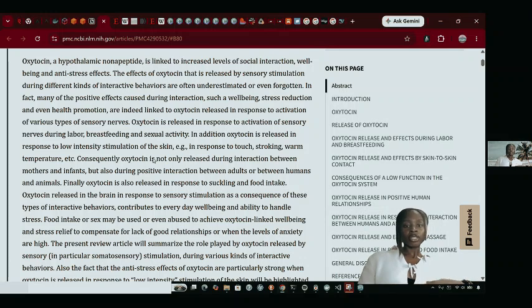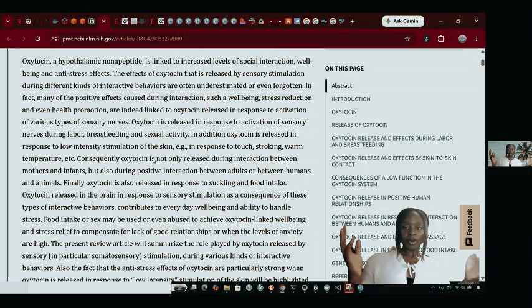So oxytocin is released in response to activation of the sensory nerves during labor, breastfeeding, and physical activity. In addition, oxytocin is released in response to low intensity stimulation of the skin, in response to touch, stroking, warm temperature.